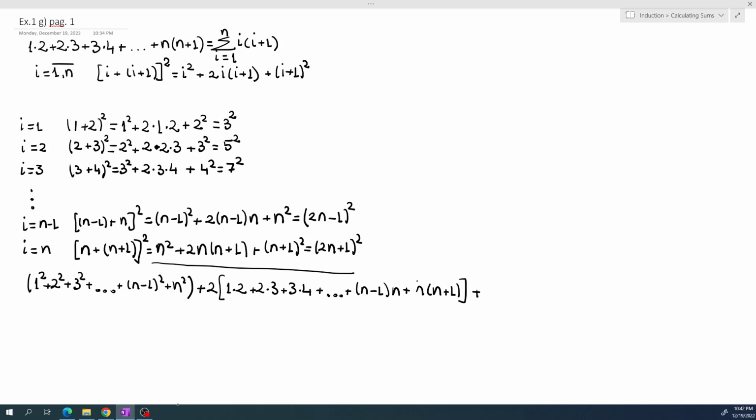And in order to do it I will add in here plus 1 squared, and also I have to subtract it, of course.